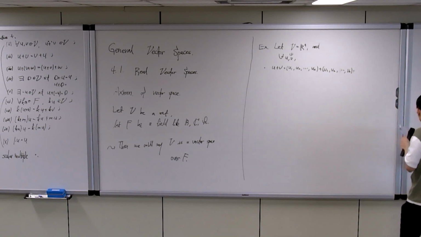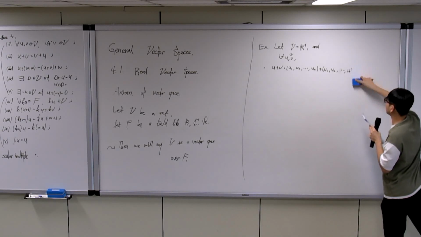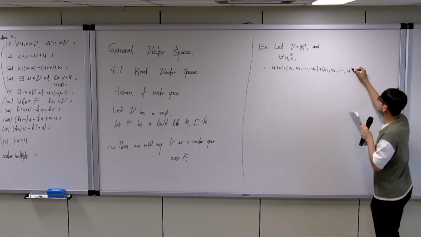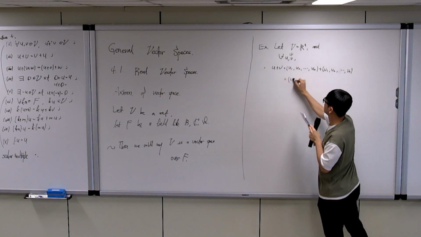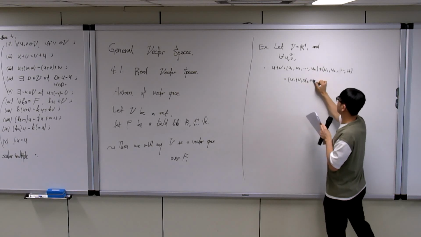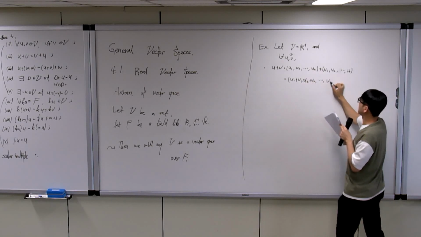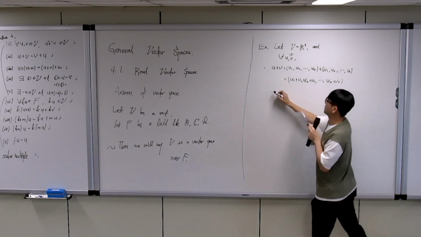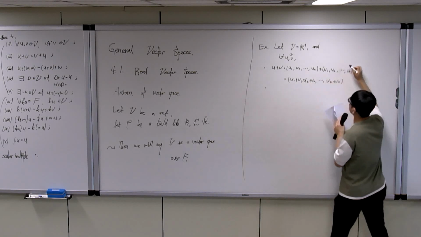We defined it as the addition of each component, I mean (U1+V1, U2+V2, ..., Un+Vn), and also we defined the scalar multiplication.